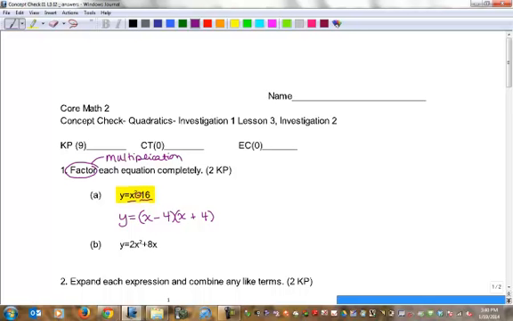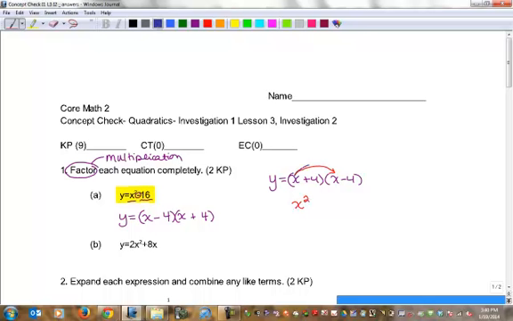Since they're conjugates, one's going to be a minus and one's going to be a plus. The reason for that, I'm going to pull this off to the side, is if I have x plus 4 and x minus 4, when I multiply this out with distribution, I have x times x, which gives me x squared.